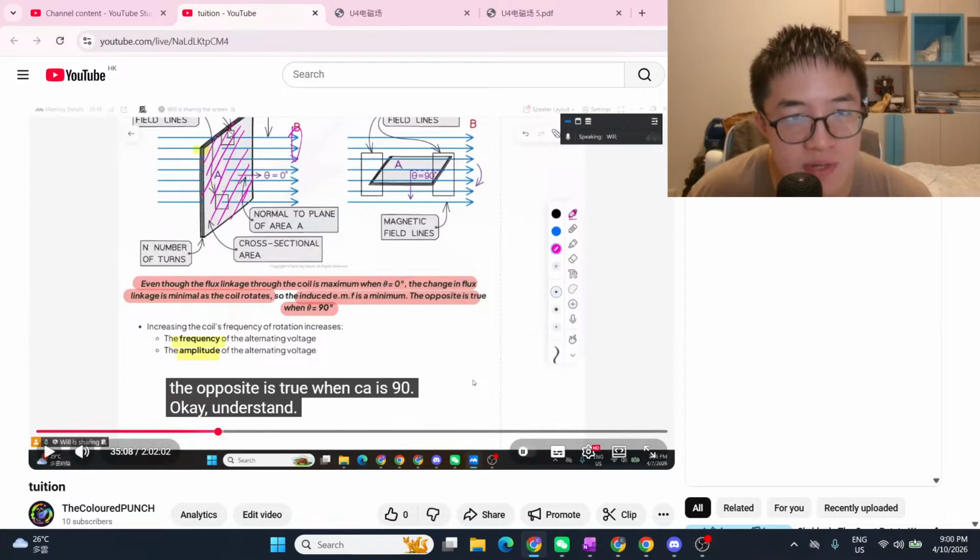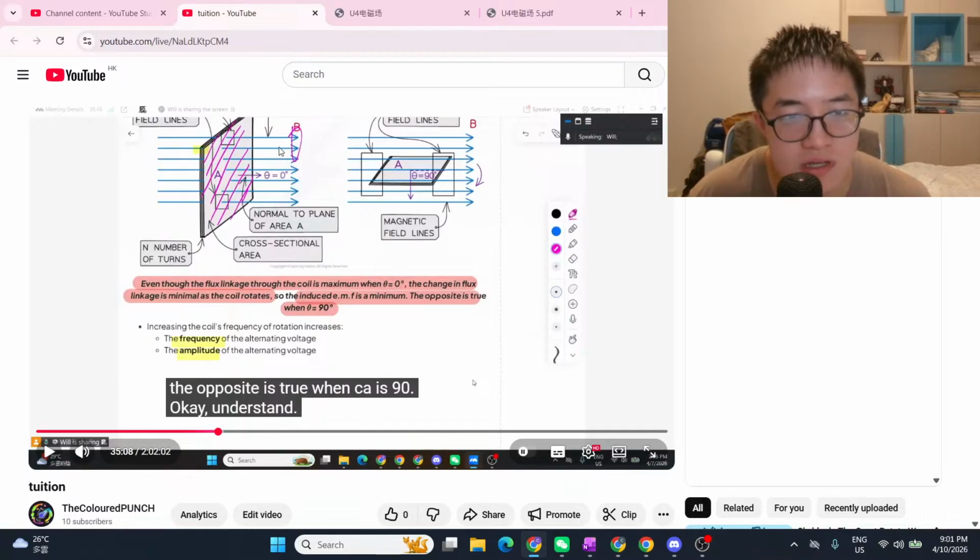But because the movement is parallel with the field lines, the change is minimal as the coil rotates. So the induced EMF is minimum. The movement of the coil is parallel with the magnetic field lines, so the change in magnetic flux linkage is minimal. So the induced EMF is minimum.